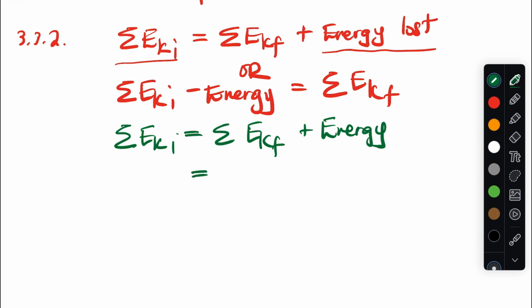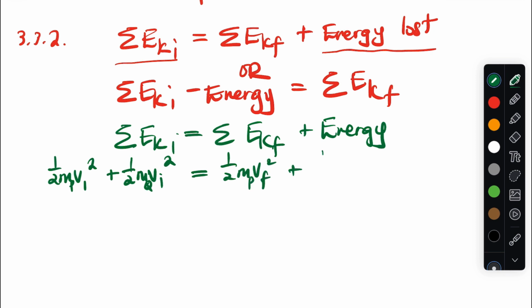So the total kinetic energy before, so we'll have the kinetic energy of car P, half mass multiplied by the initial velocity of the car P square, and the kinetic energy of car Q, half mass multiplied by the initial velocity square of car Q. And then this side the same, but it's going to be the final velocity now.